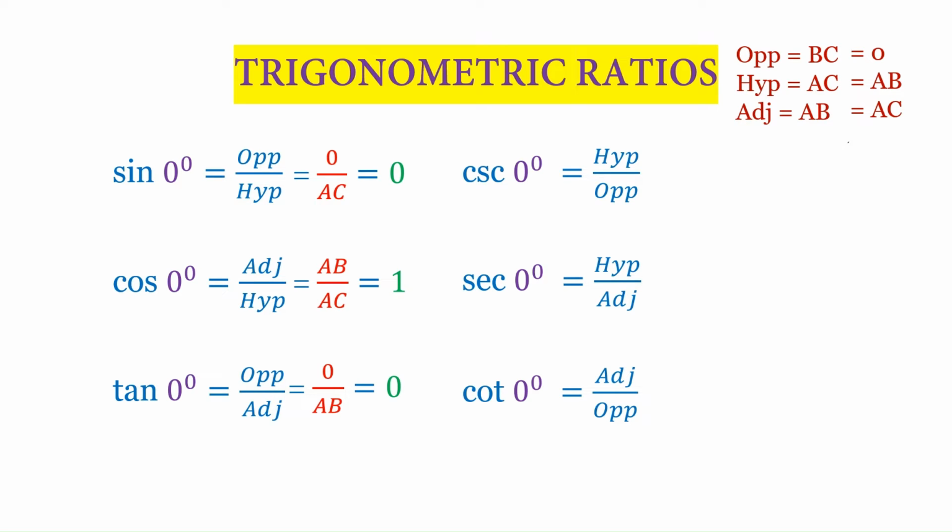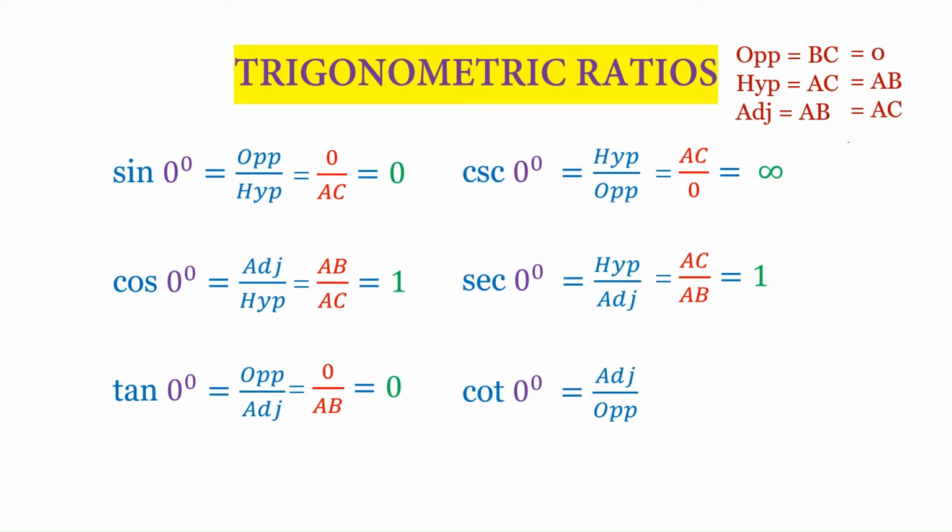Next one is cosecant 0. It is hypotenuse by opposite side. Opposite is 0, so anything divided by 0 is not defined. Here this symbol is used to represent not defined. Next, for secant, it is hypotenuse by adjacent. Again these two values are the same when the angle is 0, so the value comes out to be 1.